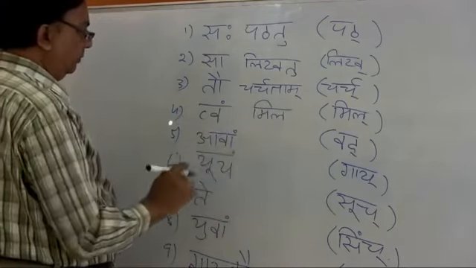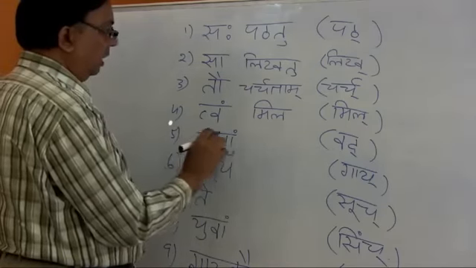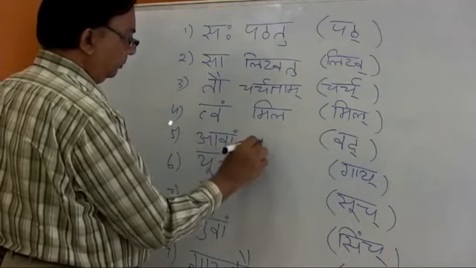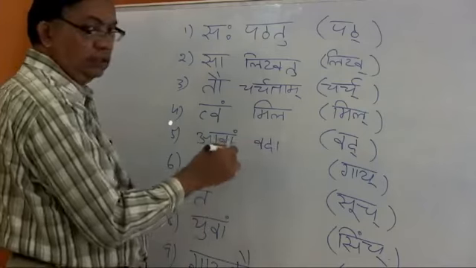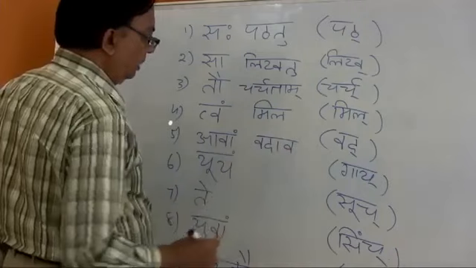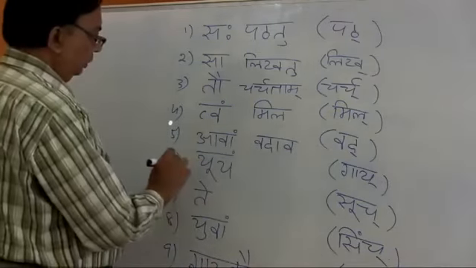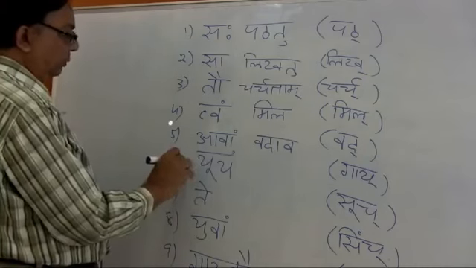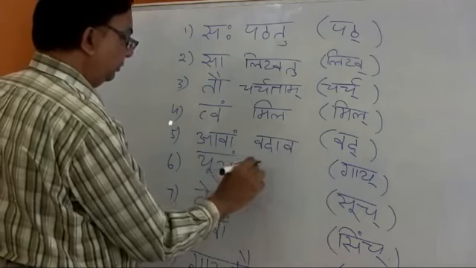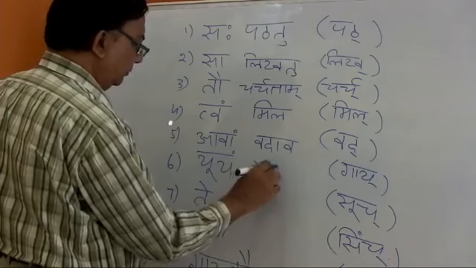Avam, we both, first person, dual number. Avam, vada to be derived. Vadani, vadava. We did practice this on the previous page just now. Avam vadava. Let us both speak. Yuyam, this is second person plural. Gaya is the verb to be taken. So gaya, gayatam, gayata.